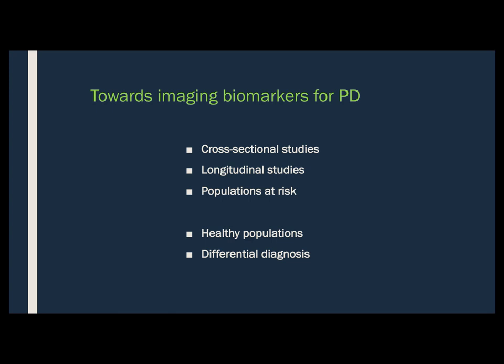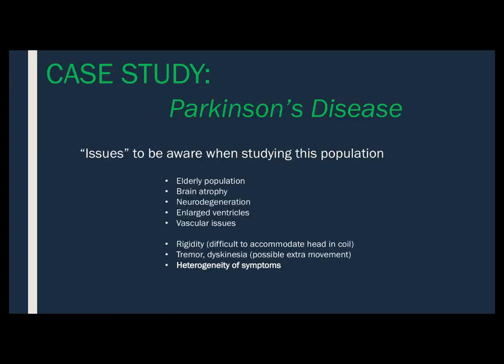As I mentioned before, I think I missed mentioning that we also want to compare what is normal, what the normative values are of whatever we are measuring, and whether those change, for example, with age. Talking about that, Parkinson's disease is usually a disorder that affects the elderly population. So when we do imaging, we need to deal with other cofactors, for example, brain atrophy.